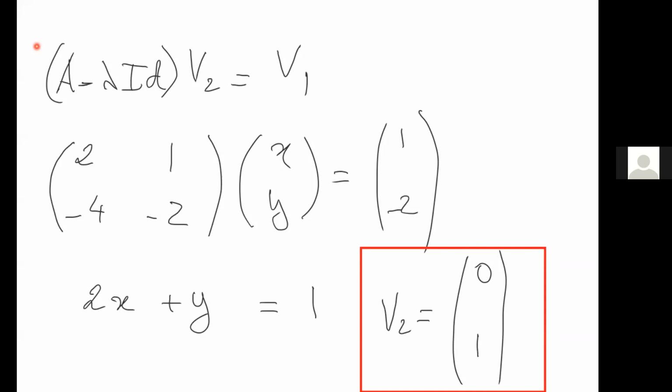If I write what A is, I obtain this equation, and for the first line, I obtain 2x plus y equals 1. If I choose x to be 0, I obtain y equals 1, and then I obtain my V2.